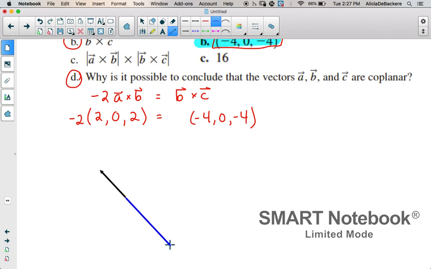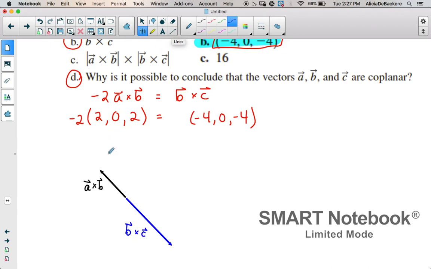Let's label these things. This guy here is A cross B, and this guy here is B cross C, right? They just go in opposite directions, twice as long.